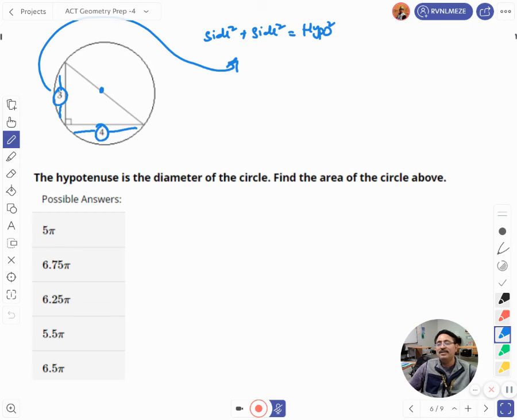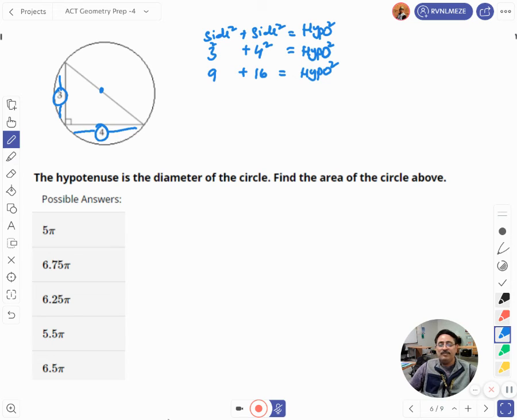One side is 3 units and the other one is 4. Therefore, it is 3 square plus 4 square is hypotenuse square. Again and again, I am reminding, 3 square means it is not 3 times 2, it is 3 times 3, which is 9. 4 square is 4 times 4, it is not 4 times 2. So it is 16.